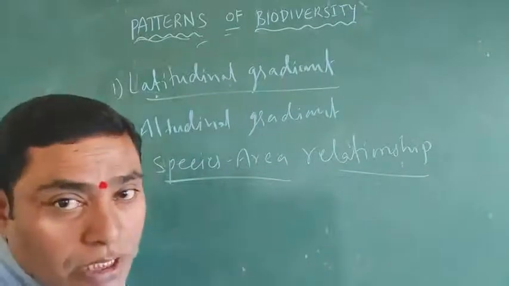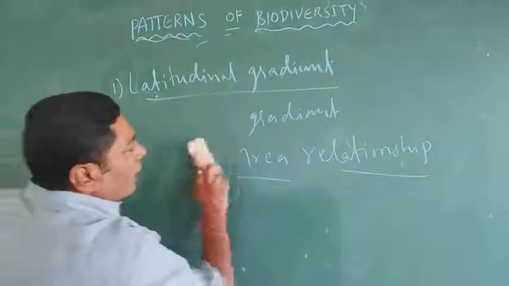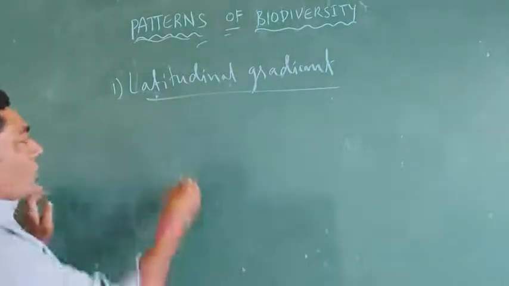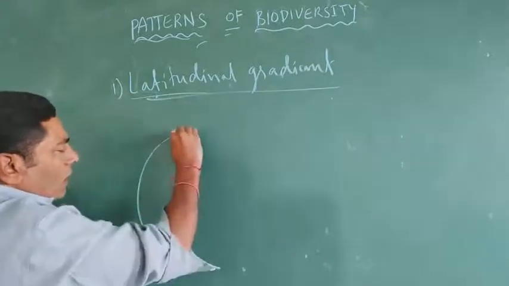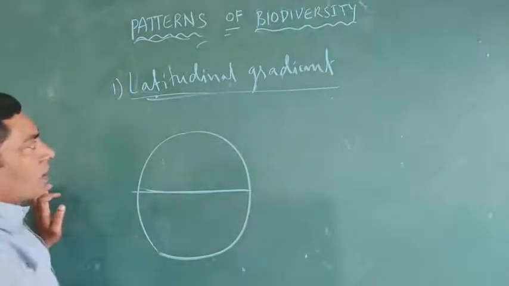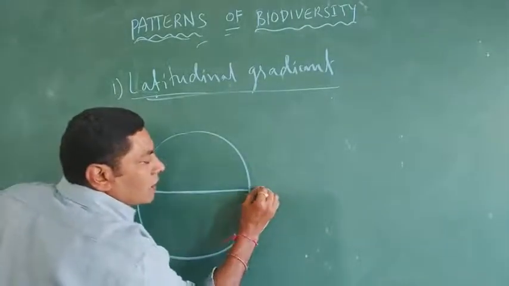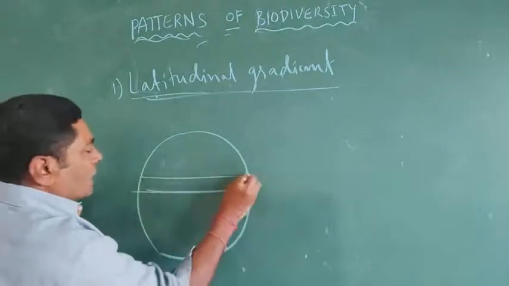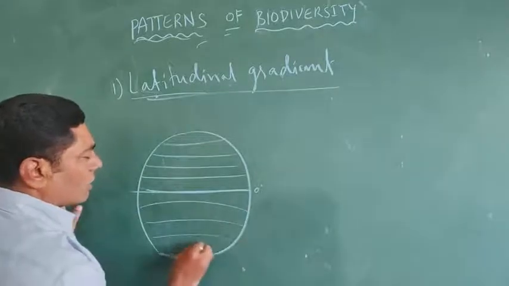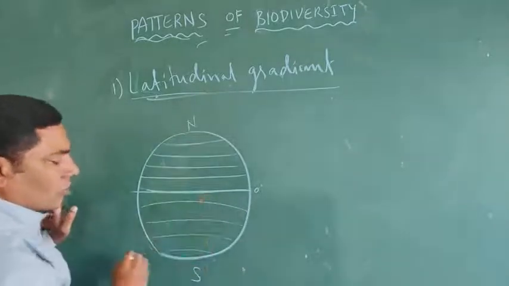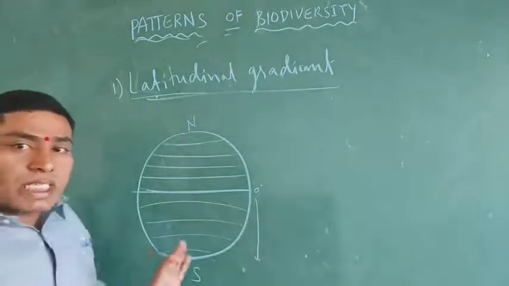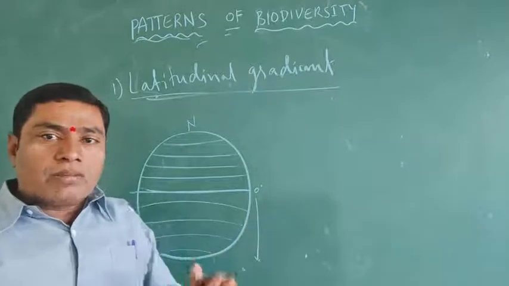First we are going to discuss the latitudinal gradient of biodiversity. Latitudinal means, the highest latitude is at the equator. The equator is at 0 degrees. When the latitude increases toward the north side or the south side, the temperature decreases.